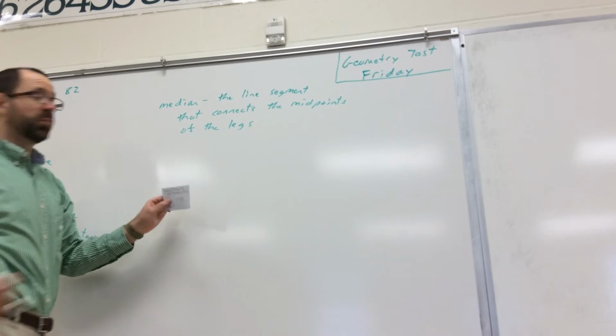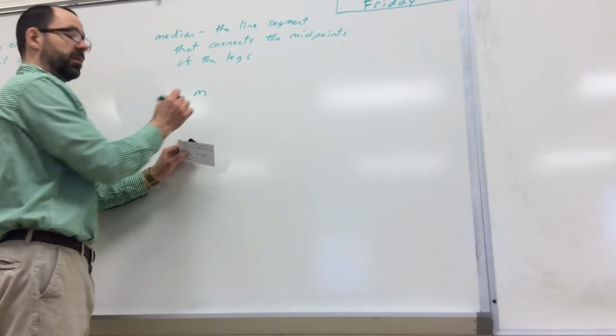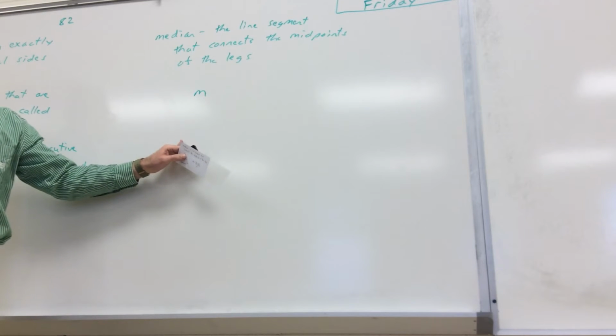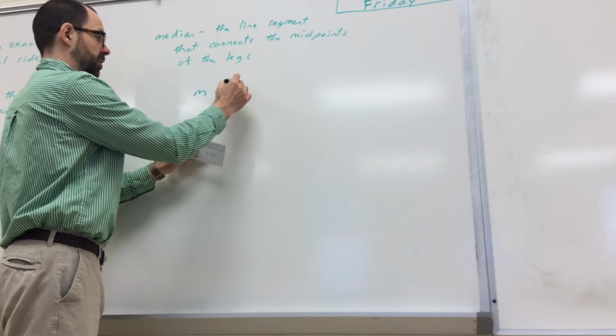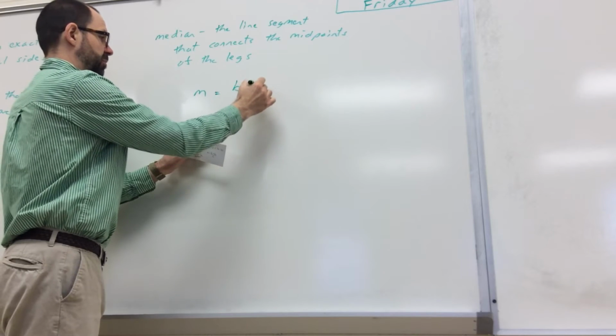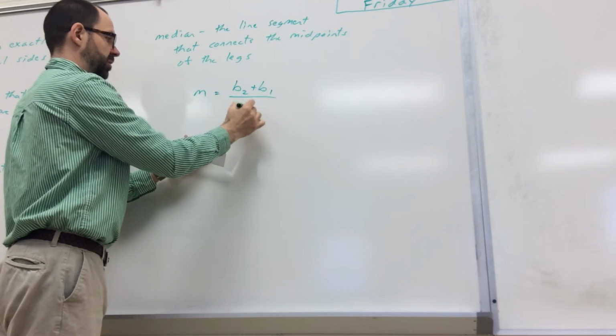And it turns out that if you want to find the length of the median, you can take base 2 plus base 1 divided by 2.